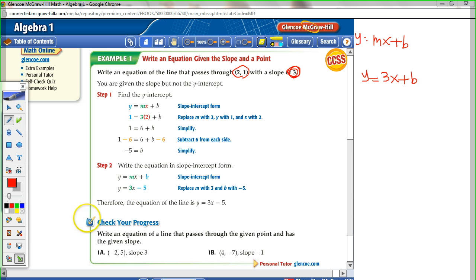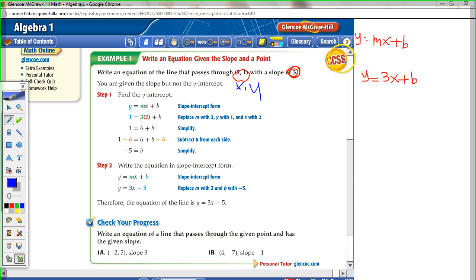I don't know what my b is, but in order to figure that out, they gave us a point. This point means x is 2 and y is 1. So here's the x and here's the y.